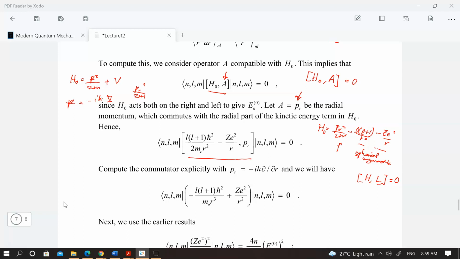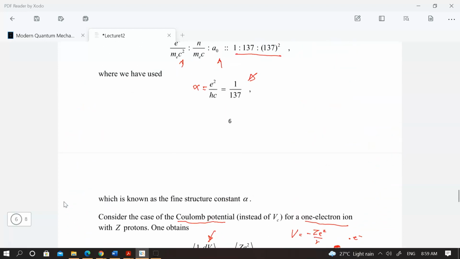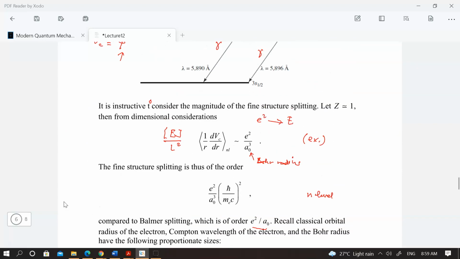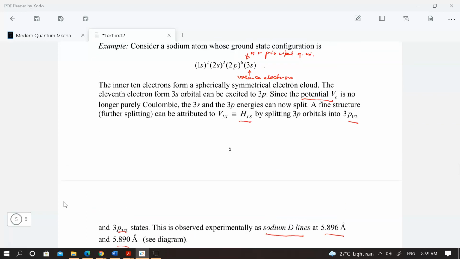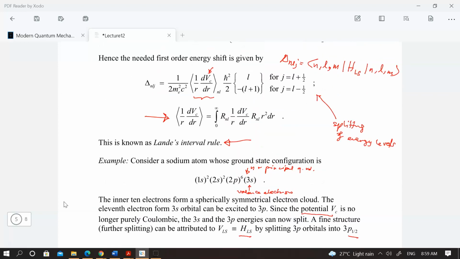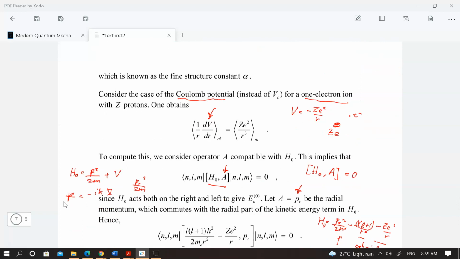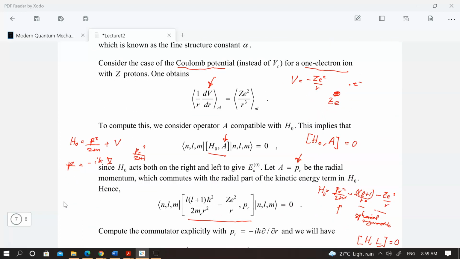All right. So we can use that now to actually get the expression we need for your spin orbit splitting, which is this one here.